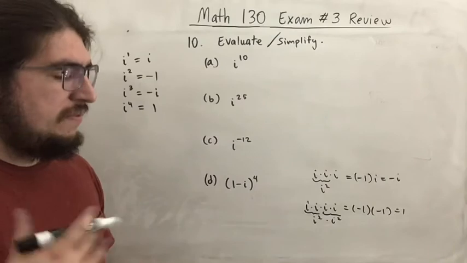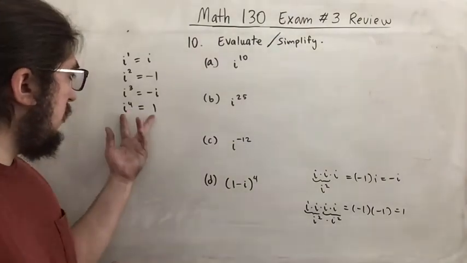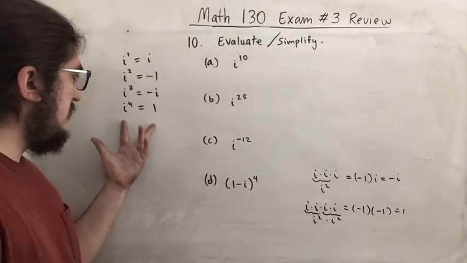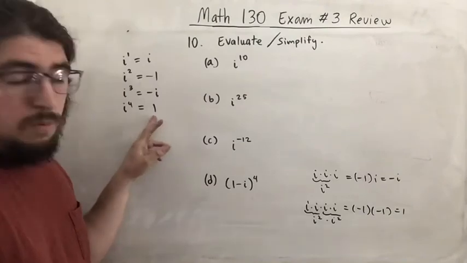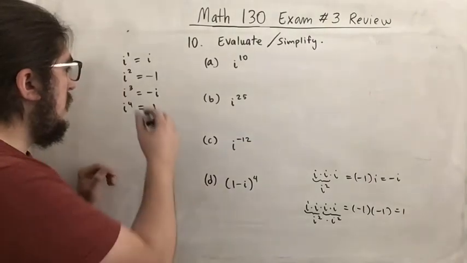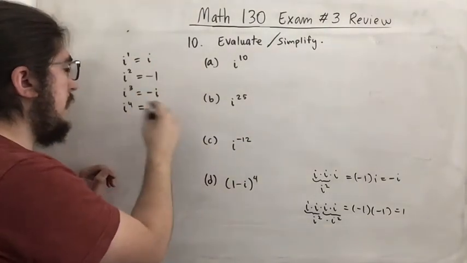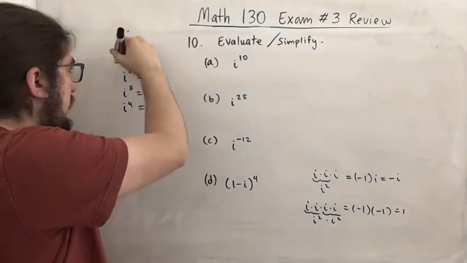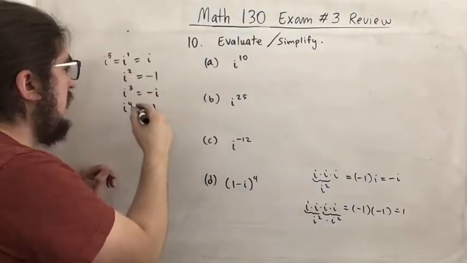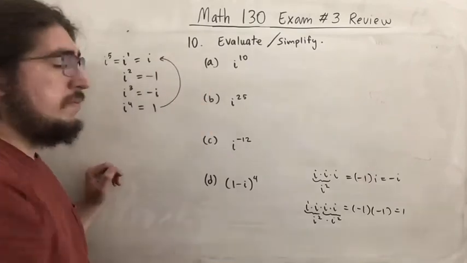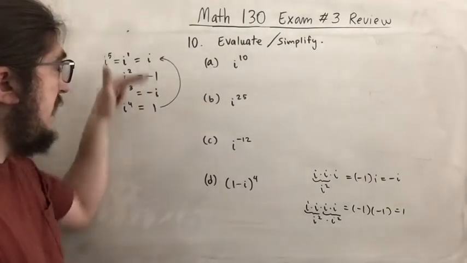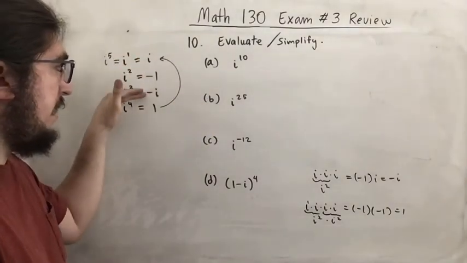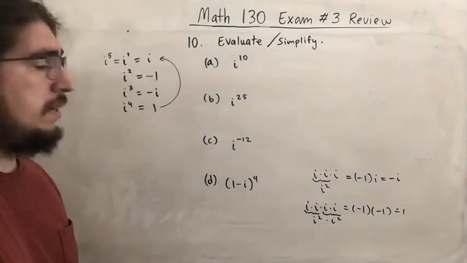And what's even funnier is that if you were to multiply both sides by i, you get the next one, which is i to the 5th. But notice how 1 times i is i. So in fact, if you multiply by i to get i to the 5th, you find out that it's equal to this. And you're kind of stuck in this loop. So in fact, every power of i is either i, -1, -i, or +1.